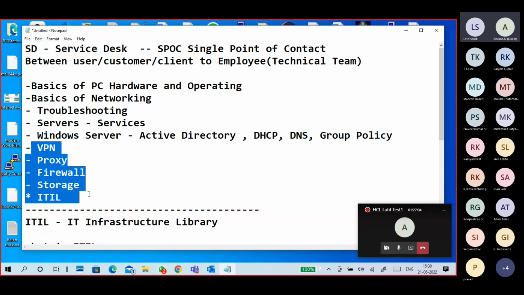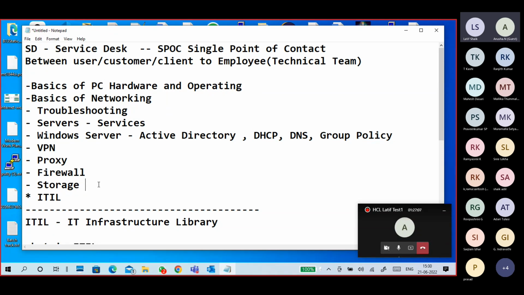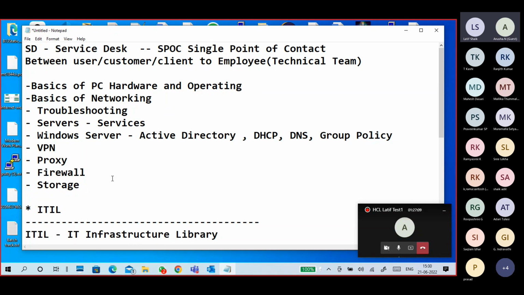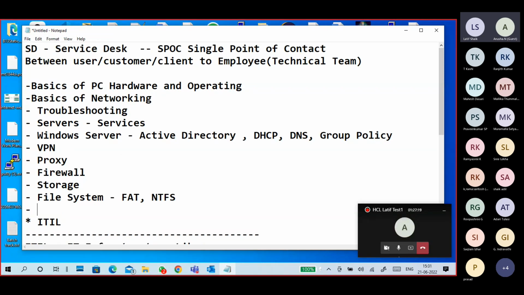And small things like what is VPN, what is proxy, what is file system, what is FAT, what is NTFS, what types of storage we have, like DAS, NAS, SAN. What is a RAID, what is the meaning of hard disk, what is SATA.